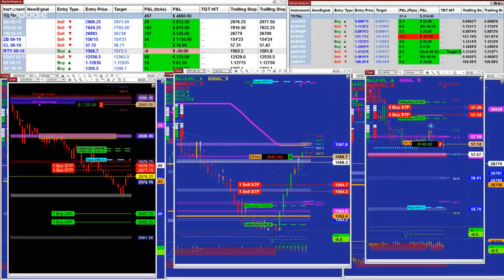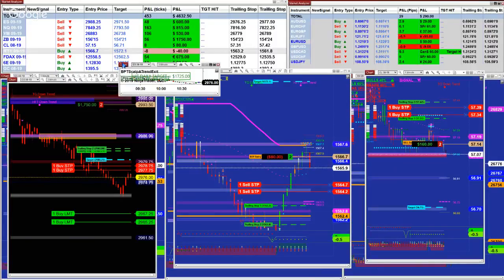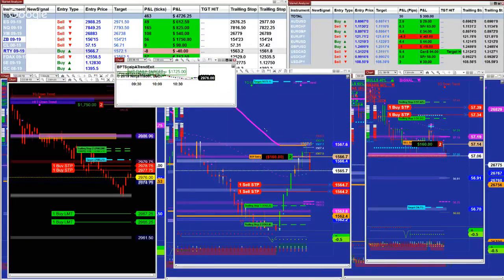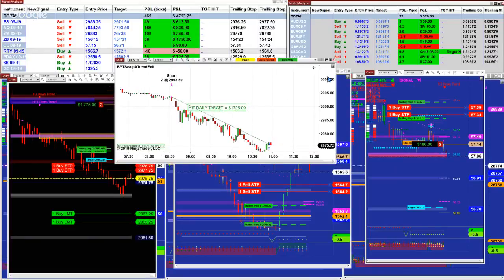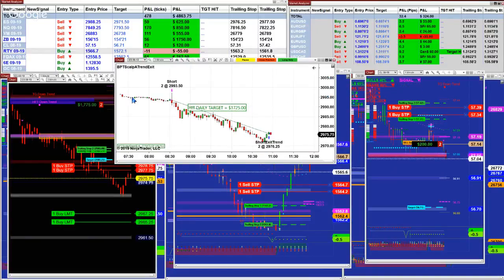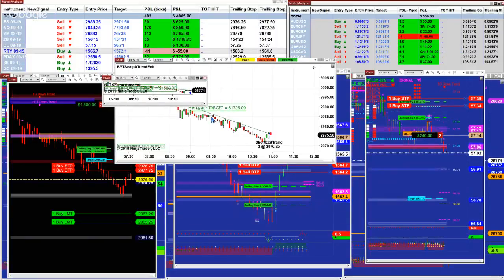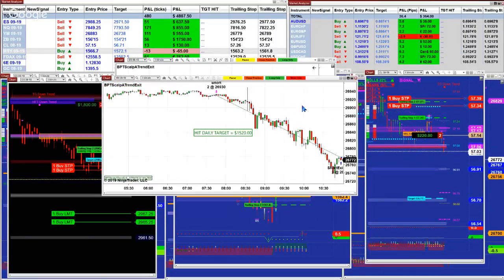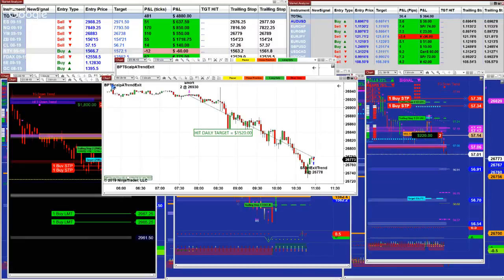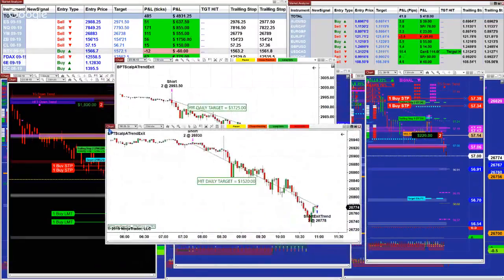Do we have any more trades somewhere? On the normal swing trading, this one here took one trade, 3 minutes. The YM, all of them daily target 500.